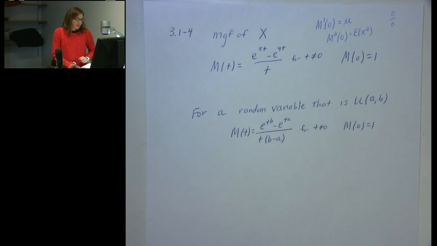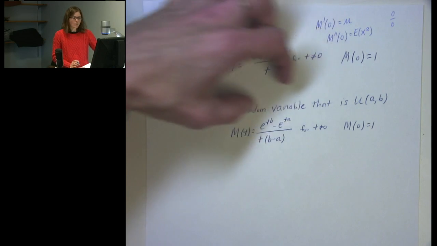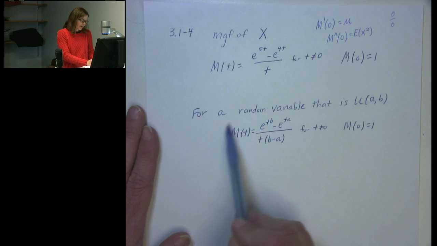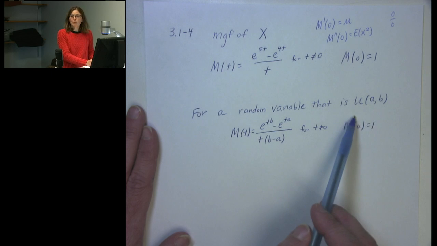The easier way to approach this problem is to recognize that the form of this moment generating function matches up with the form that's given for a moment generating function for a uniform distribution in the textbook.